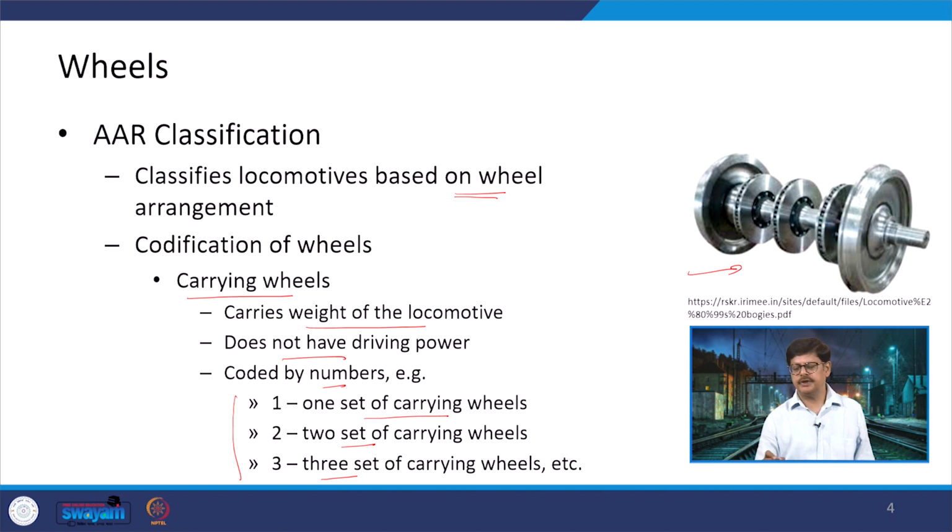If I talk about an axle with a wheel here, this is one set. If we have another such axle arranged alongside, it will be defined by 2. If I put another one here, that is going to be defined by 3, and then the 4 system can also be there. So this is one type of arrangement.